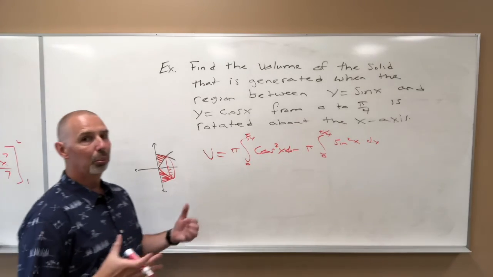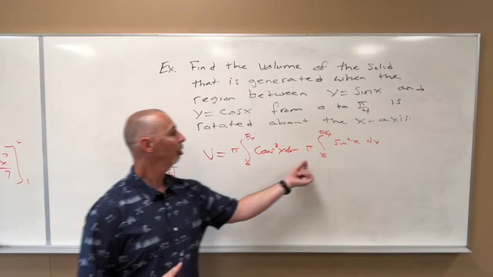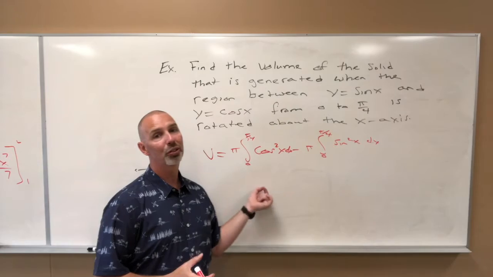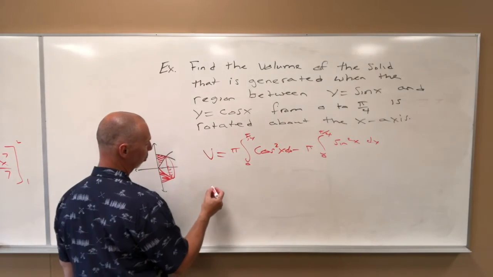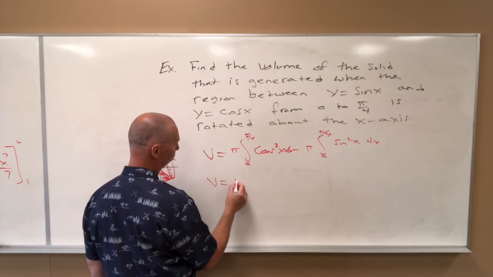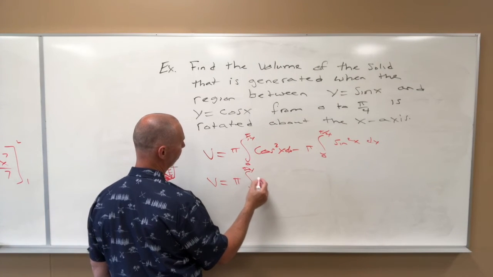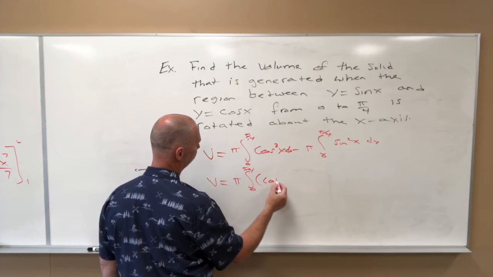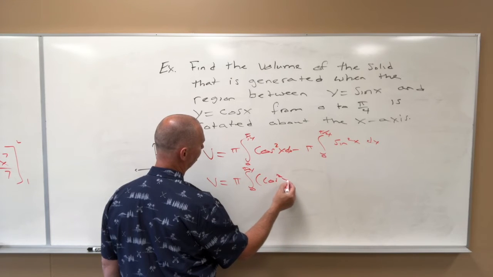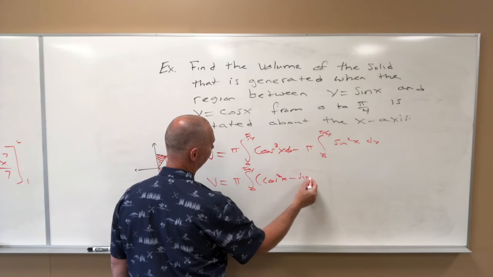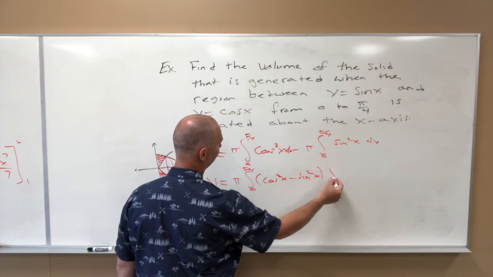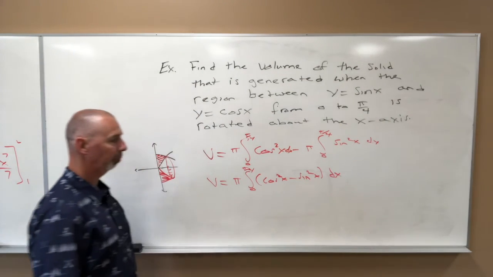Now we can bring this together because the constant is the same and the limits of integration are the same. We can bring this into one statement. We can make this pi times the integral from 0 to pi over 4 of cos squared x minus sine squared x dx.